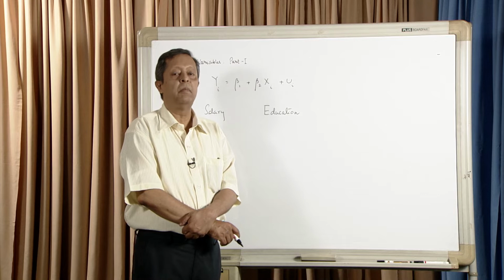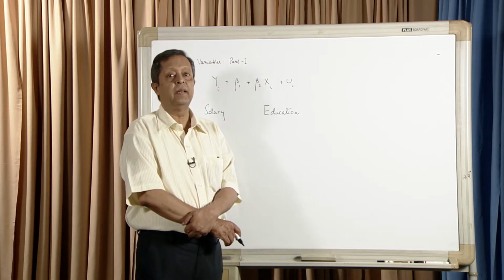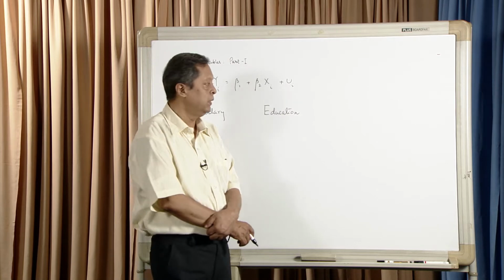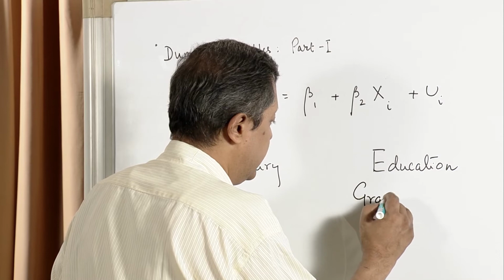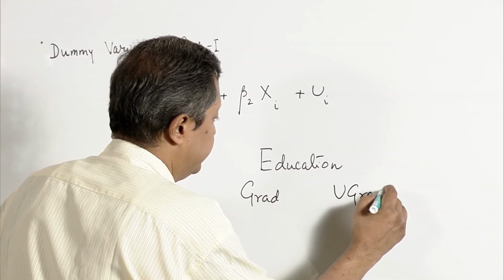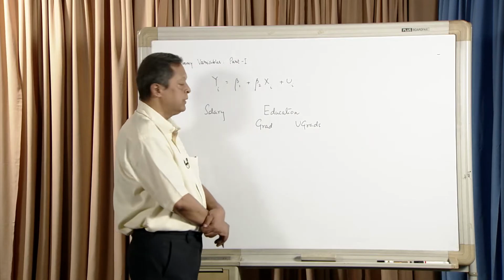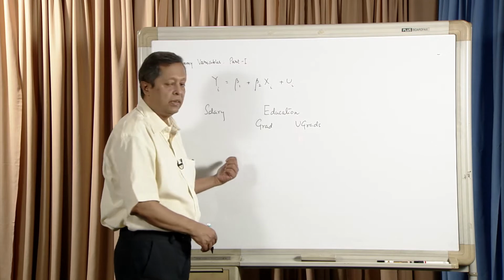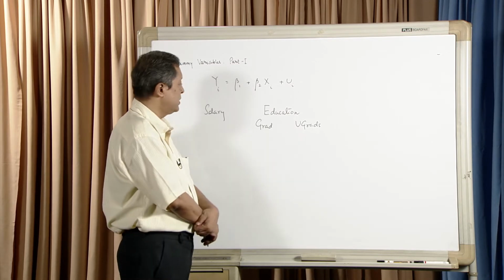Education can be measured in two ways. One, number of years of education, but better still, we can take different levels of education. For example, we have graduates and undergraduates. So, we are trying to inquire whether there is a difference in the salary of employees depending on whether they are graduates or undergraduates.